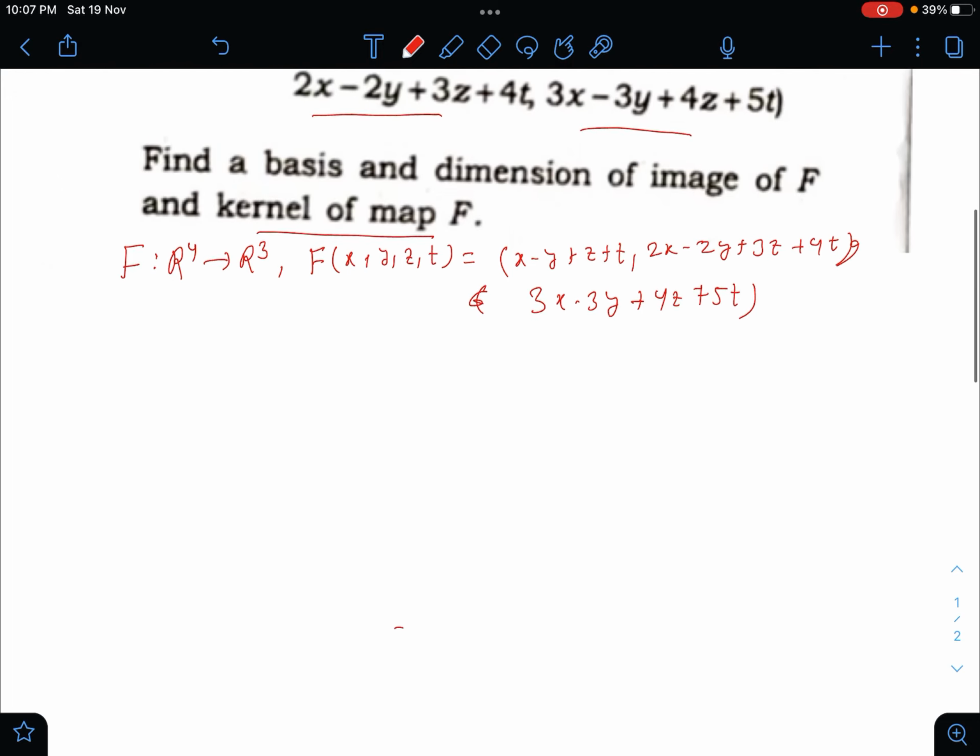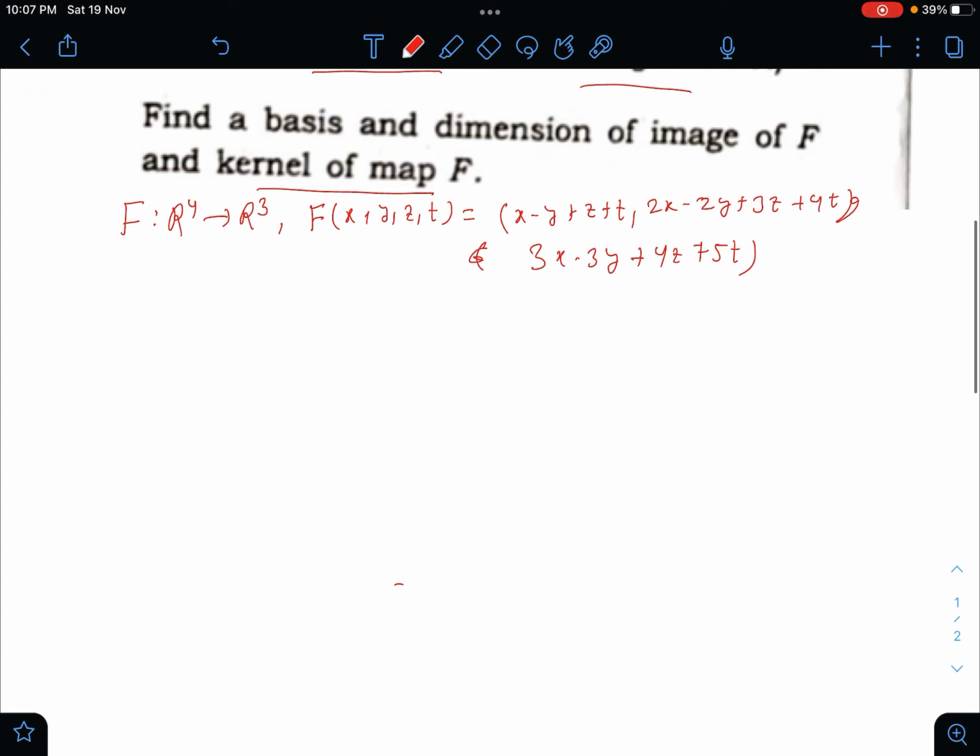और हमें फाइंड करना है बेसिस ऑफ रेंज स्पेस. उसका मेथड क्या होता है कि हम डोमेन का बेसिस लेते हैं, देन उसकी इमेज फाइंड करते हैं और उसमें से जो लीनियरली इंडिपेंडेंट वेक्टर्स होते हैं वो फॉर्म करते हैं बेसिस ऑफ रेंज स्पेस.